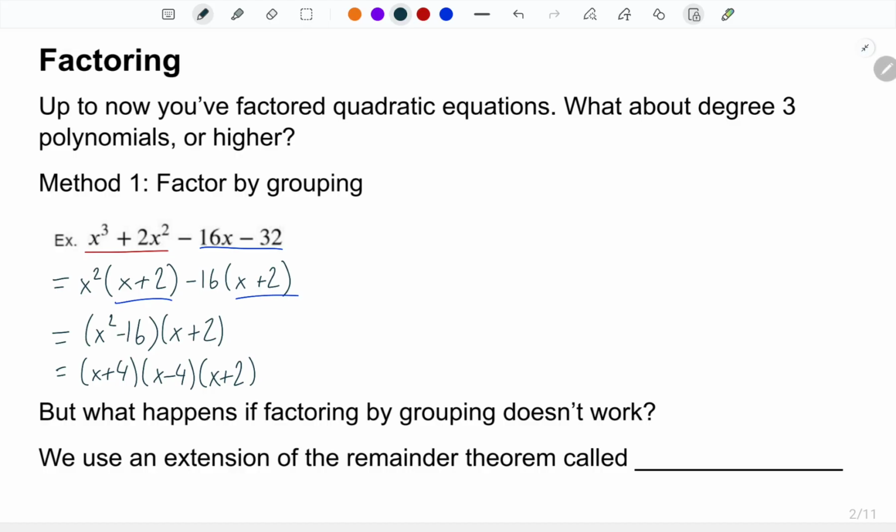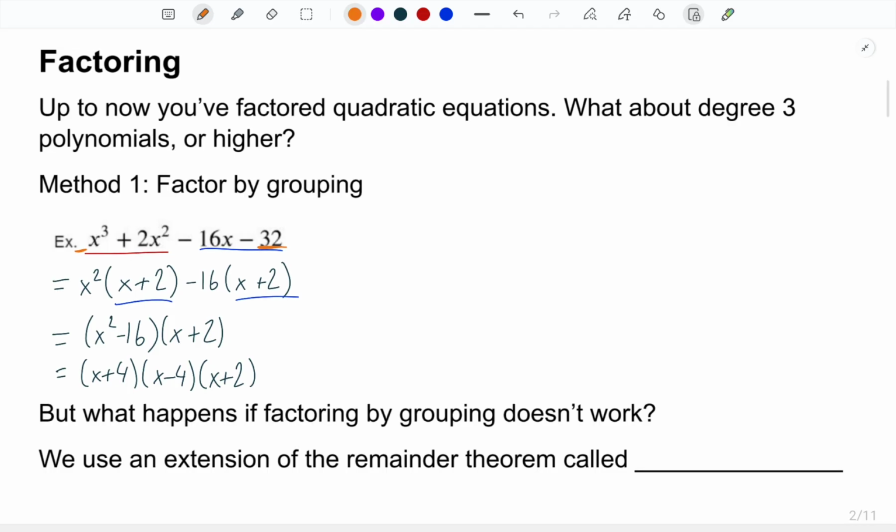To know if grouping works, you just need to check the coefficients on the first and the last. If we have a general polynomial, we could call that a. So the first and the last, 1 and 32, just multiply them together and see, does that multiply to the same thing as the insides?